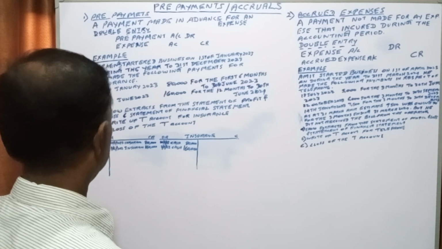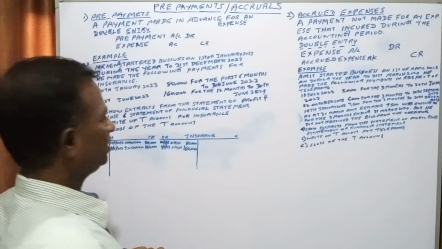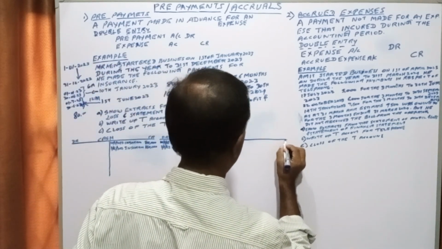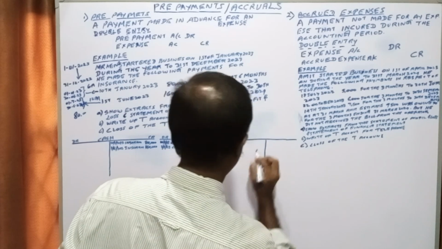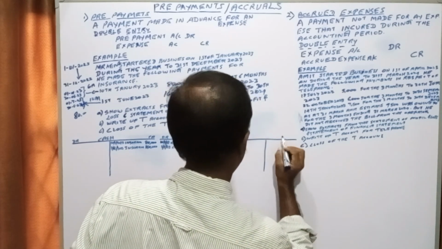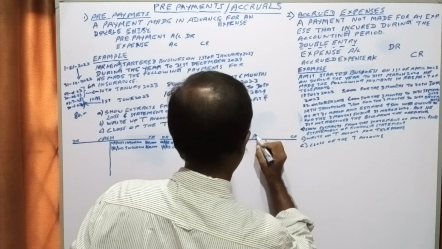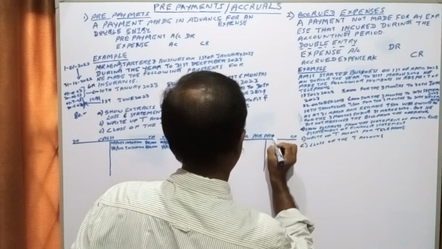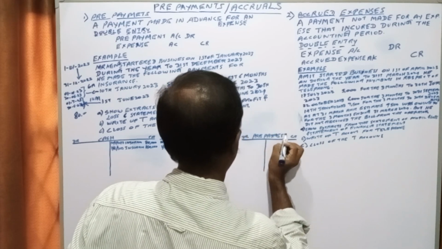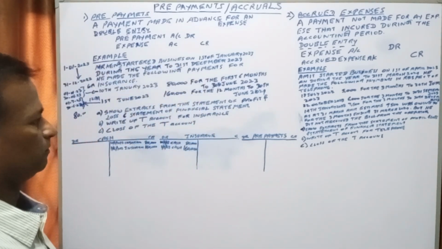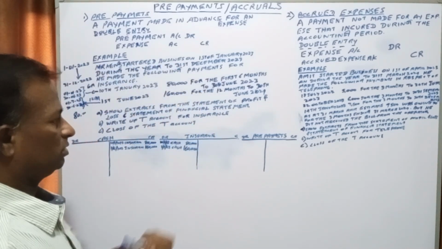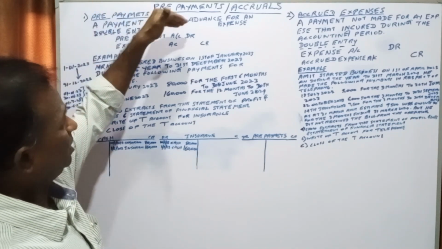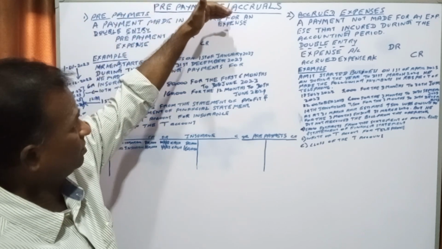account. We are going to start a prepayment account. Here we are going to say prepayment account, debit and credit. Prepayments, because prepayment means payment made in advance for an expense.